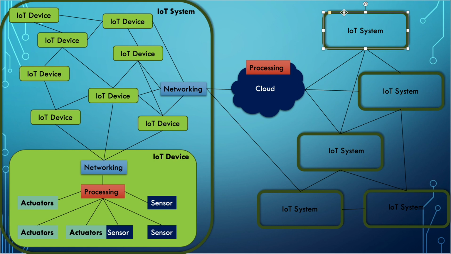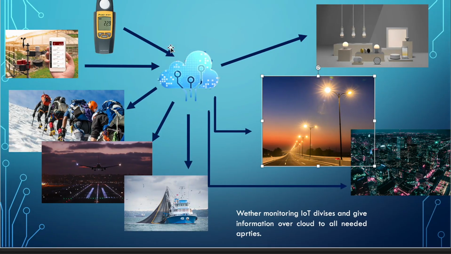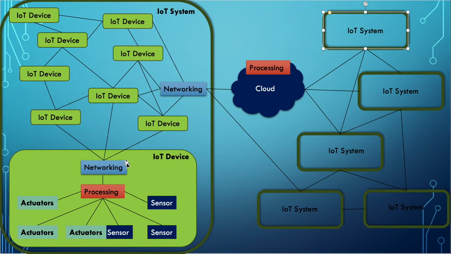So that means the weather monitoring IoT system is now communicating with the street light IoT system of the city itself. So that's how the communication would work.